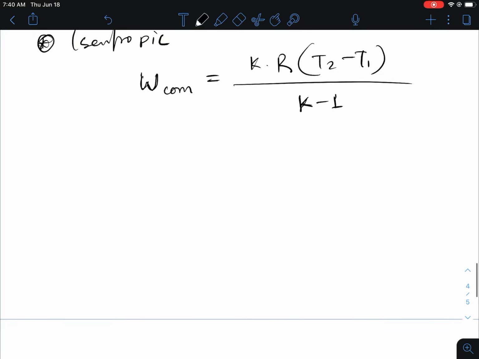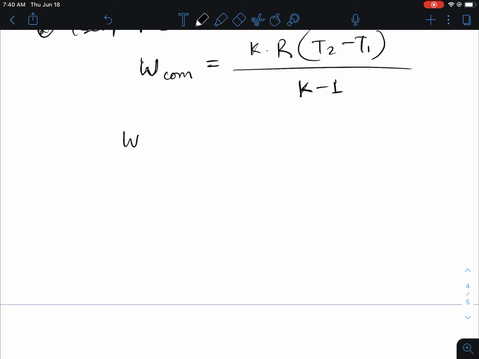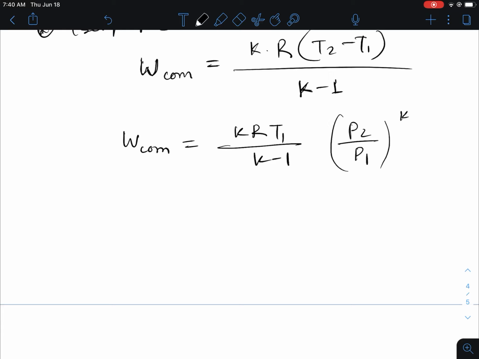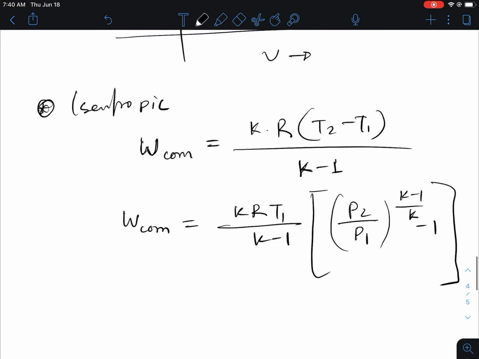In terms of pressure instead of temperature, since a compressor changes the pressure as well, we can write this equation: compressor work input equals kRT1 divided by (k minus 1) times [(P2 over P1) to the power (k minus 1) over k, minus 1]. So this is for the isentropic process.